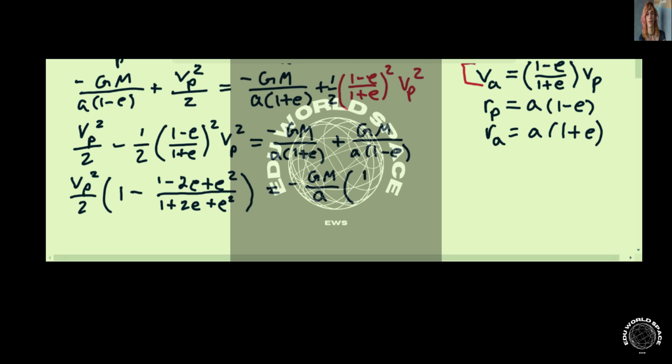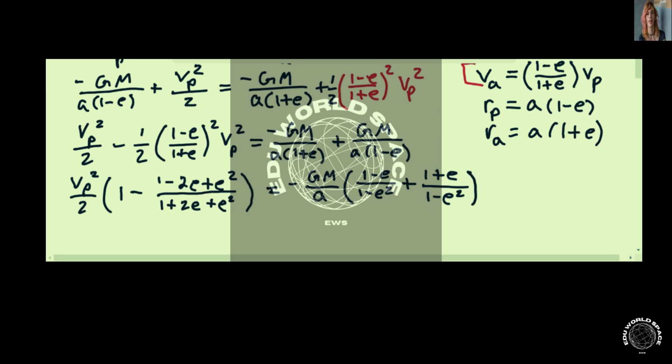So that'll be (1 minus E) over, well, (1 plus E) times (1 minus E), that's just 1 minus E squared. So that's the term on the left, plus, okay, originally the denominator was (1 minus E), so I'm going to multiply numerator and denominator by (1 plus E). And again, the denominator is now that like term, 1 minus E squared. So (1 minus E) times (1 plus E).